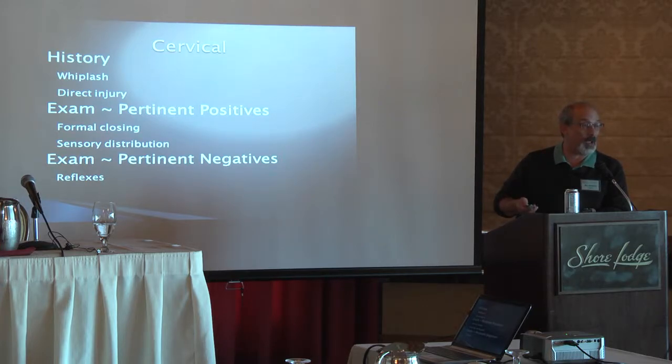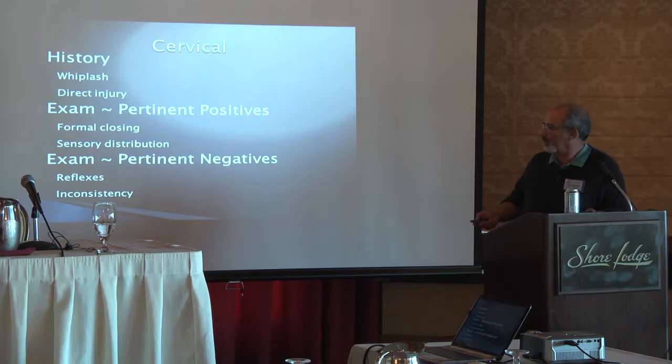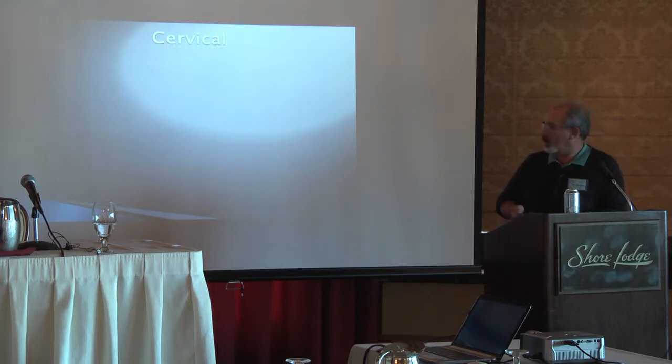It should go down the back of their arm into usually their fourth finger, and their triceps reflex should be decreased. When those things don't match, it means that it's not a radiculopathy. People can have pain in a root distribution. We would call that radiculitis, but it is not a radiculopathy.